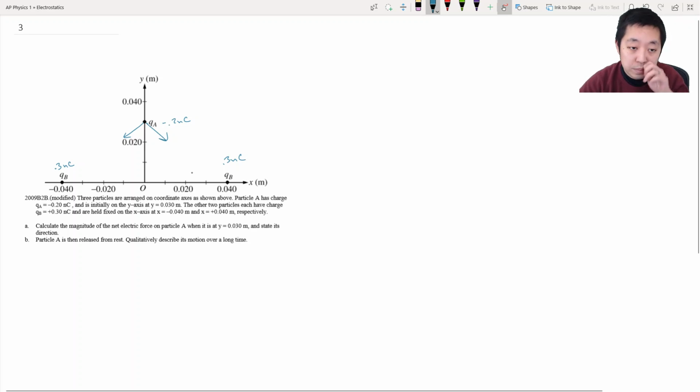Now, I think by symmetry, because they're the same distance away, these x components are ultimately going to cancel, and the angles are the same. So the net force is really going to be downward.